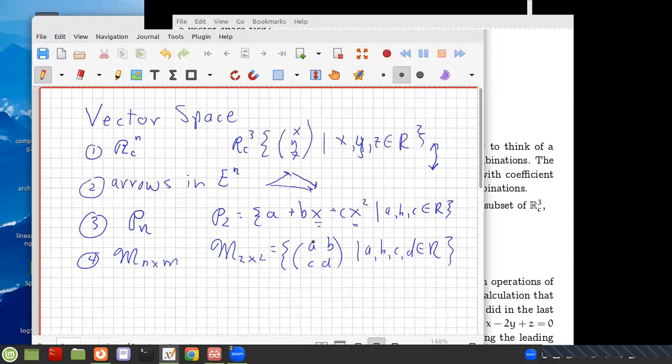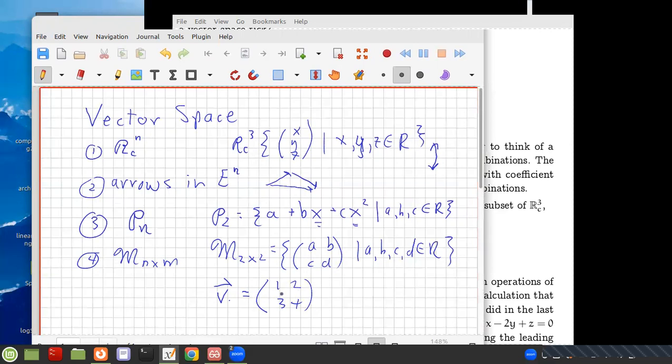It wouldn't make any difference. So this is the set of 2 by 2 matrices, and for this we have the vector, which we think of as v. For example, v would equal 1, 2, 3, 4, so we're thinking of this as a vector rather than as a matrix.